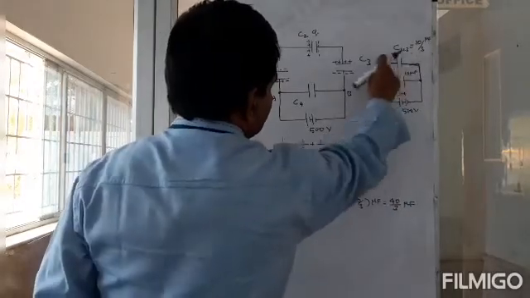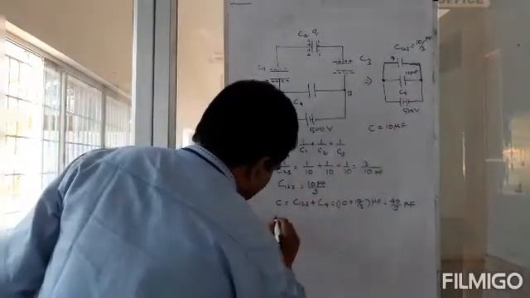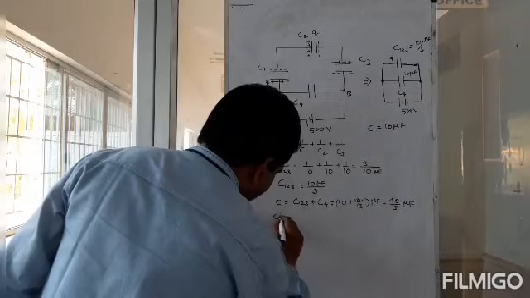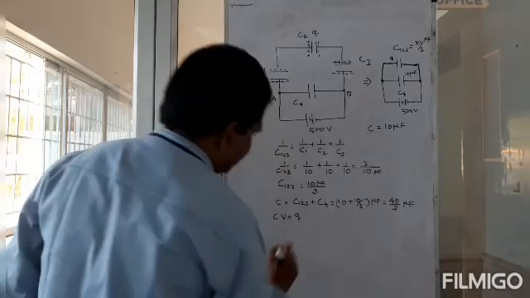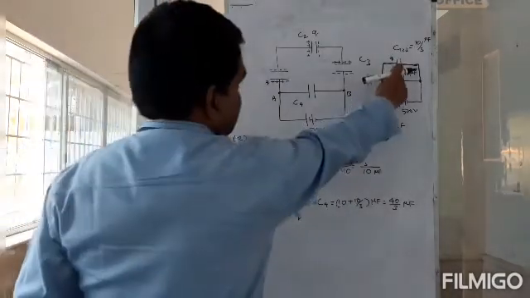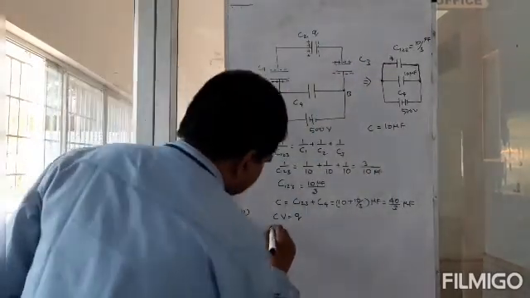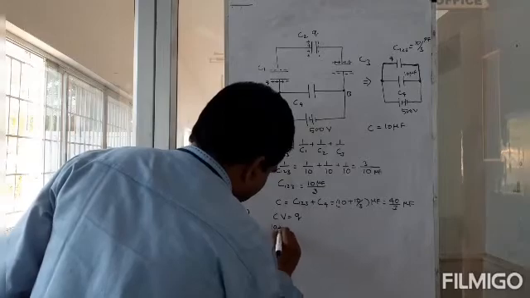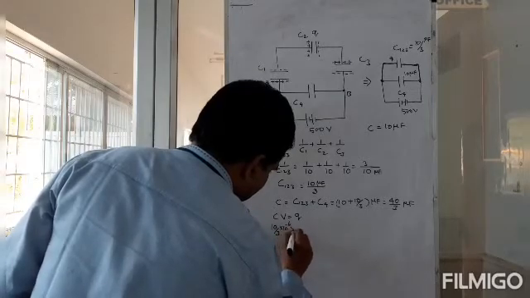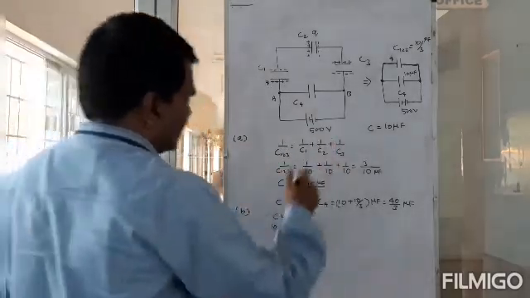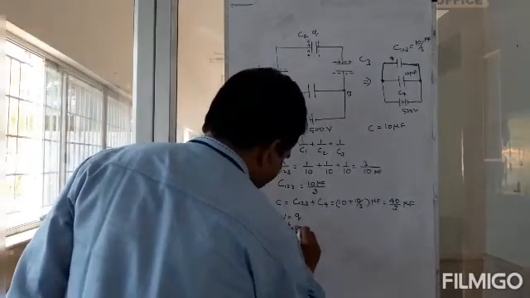So then what should be the Q? So we know that CV is equal to Q. The capacitance here for the series circuit is 10 by 3 microfarad, 10 by 3 into 10 power minus 6, into voltage 500. Okay.